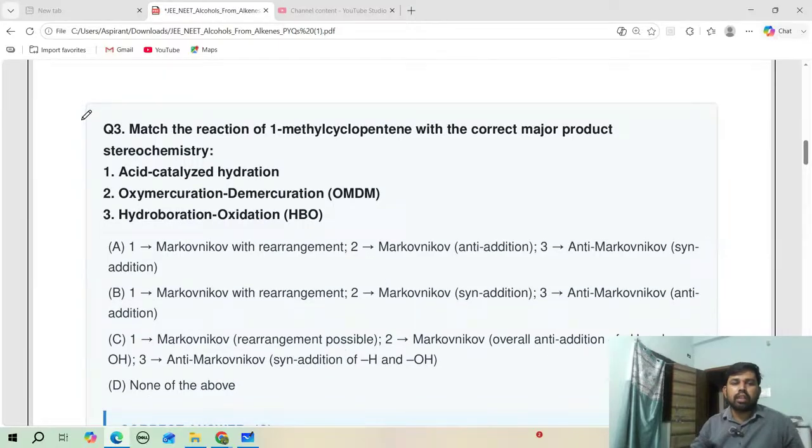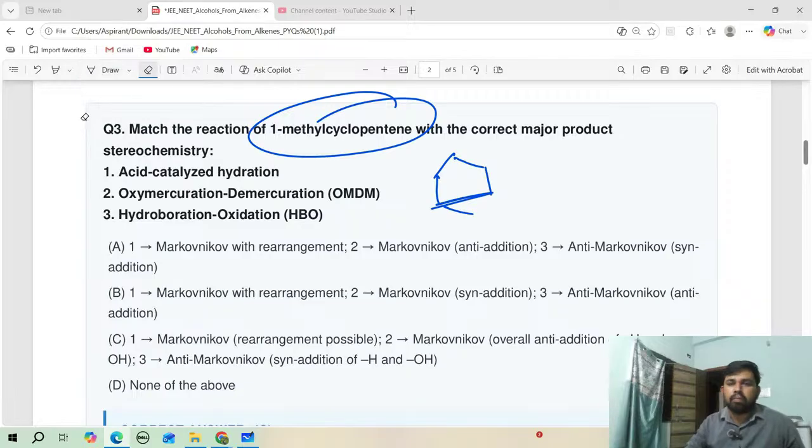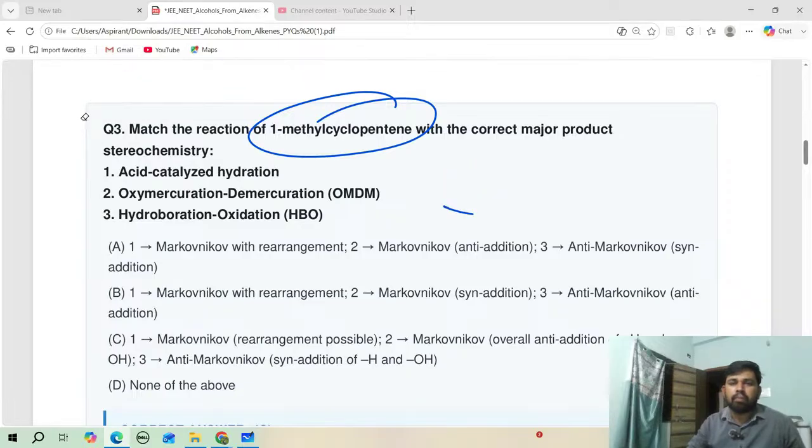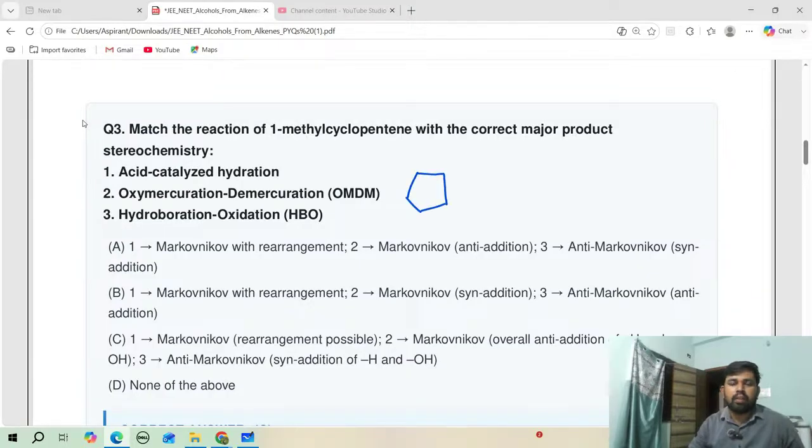Now see acid catalyzed hydration of 1-methylcyclopentene. They are saying 1-methylcyclopentene, with the double bond and a CH3.